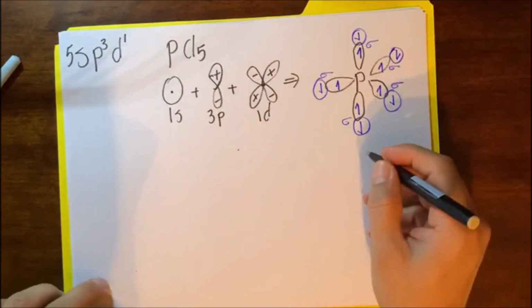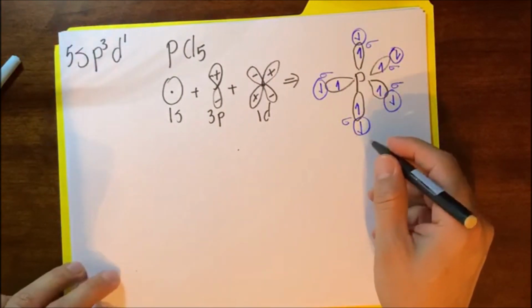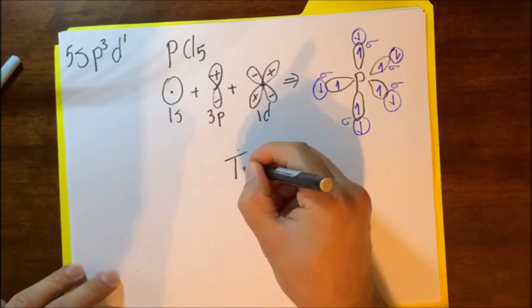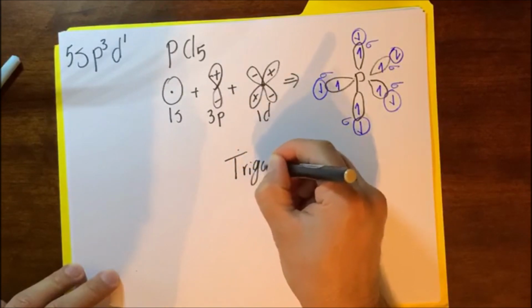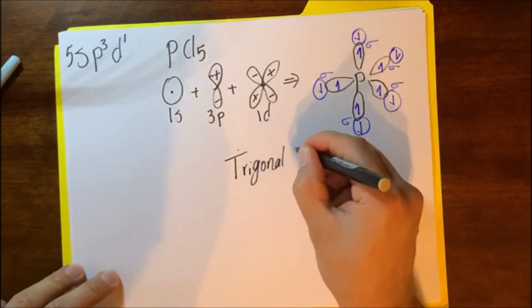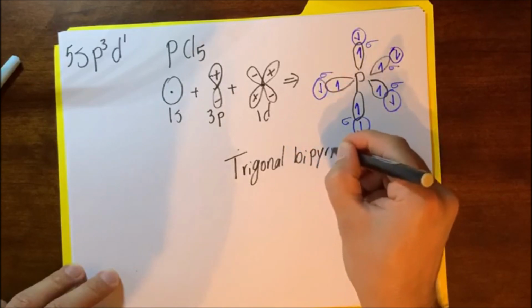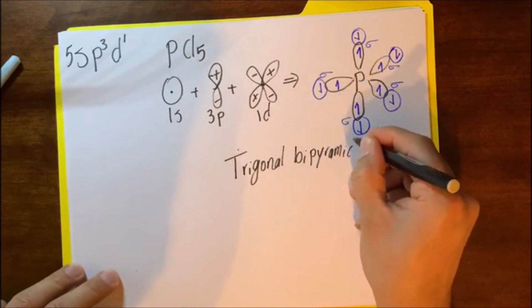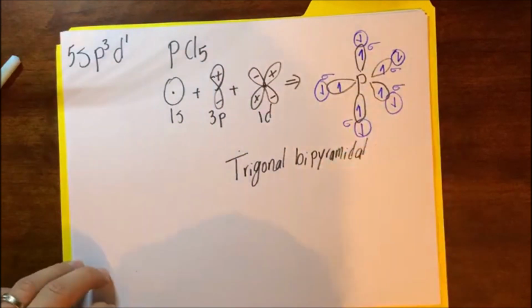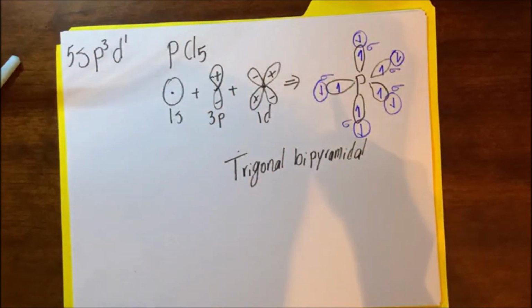And this is the hybridization of trigonal bipyramidal geometry.